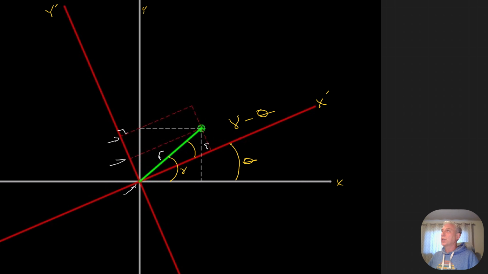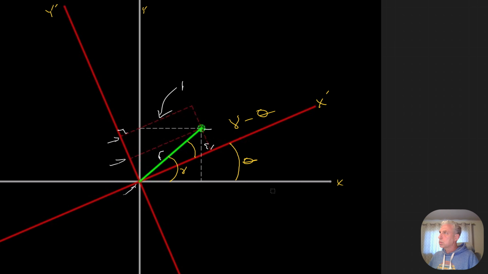What we're interested in now is the length of that line and the length from the point to the new axis. So this one is our delta x prime, and this one is our y prime.